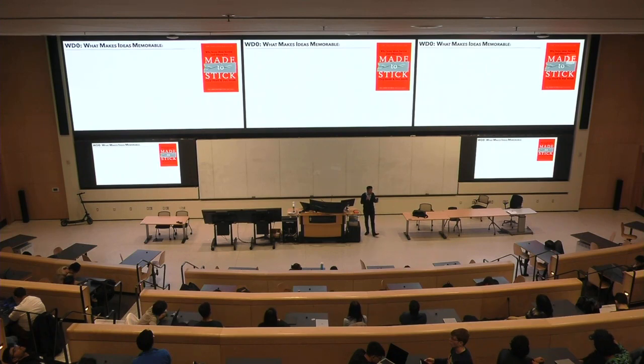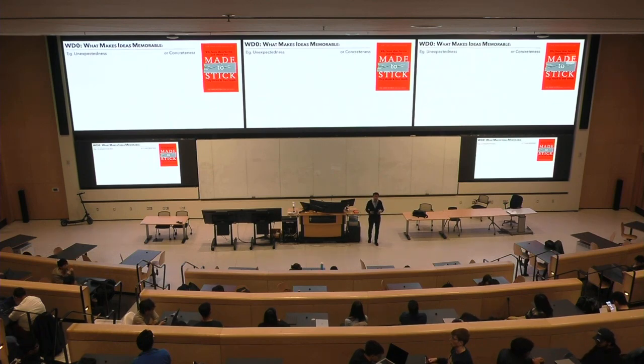Okay? And we'll talk a little bit about what we did at the beginning of this class, right? We tried to apply two of these principles to make for a sticky message around why communication matters, right? We took the idea of unexpectedness, which is to add a surprising element, and concreteness, which is to give you an explicit, clear, concrete example of something.